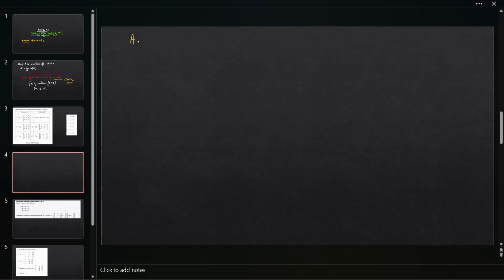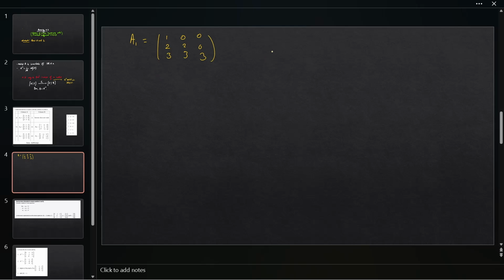A1 in this case is given by 1, 2, 3, 0, 2, 3, and then 0, 0, 3. Here we have written the matrix A1 and we want to find its inverse.